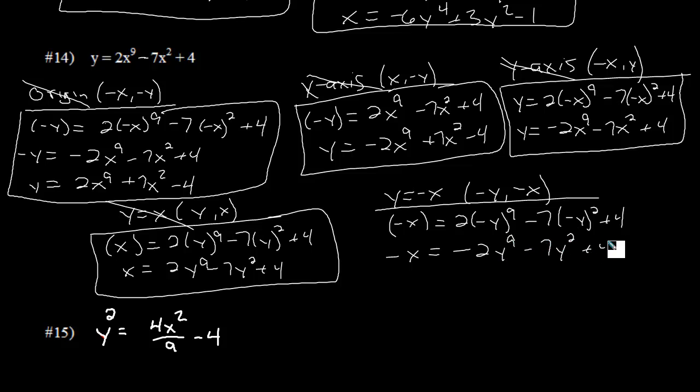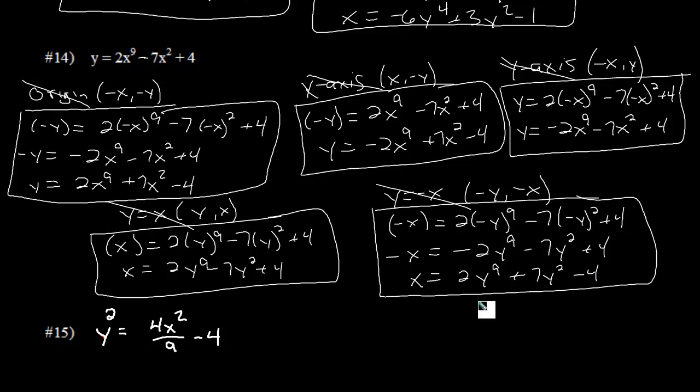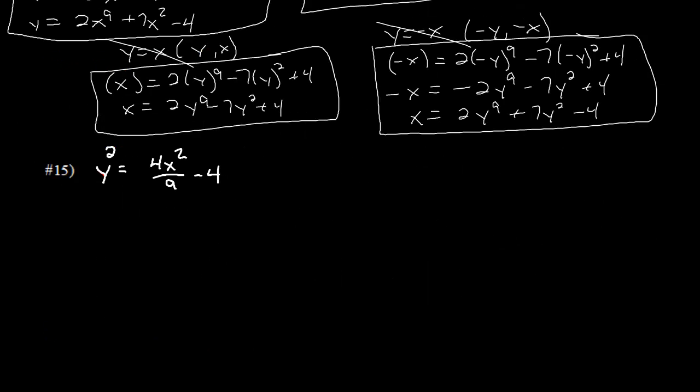If nothing else, it's good mental exercise. So you can see here this is not the same as the original. Therefore this graph is symmetric with none of these lines of symmetry.